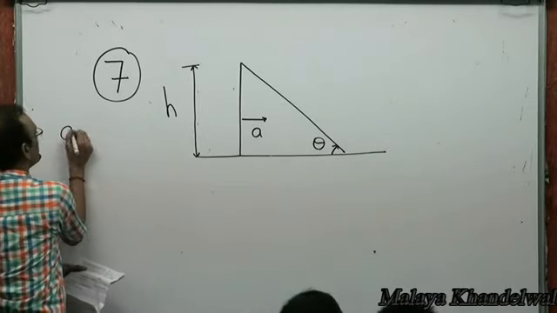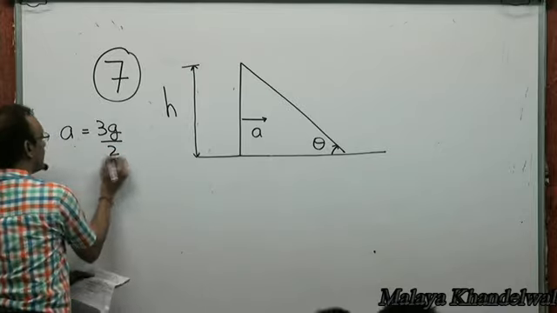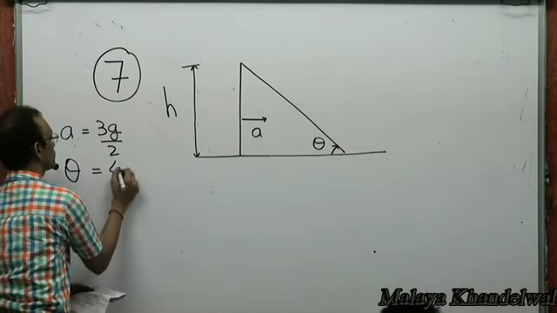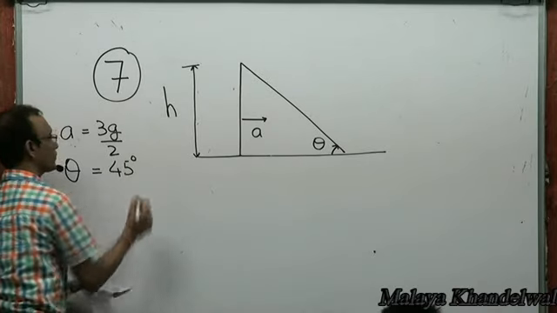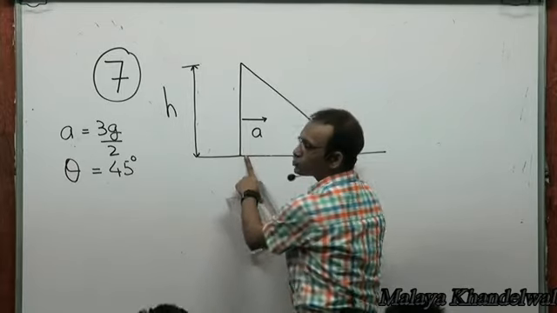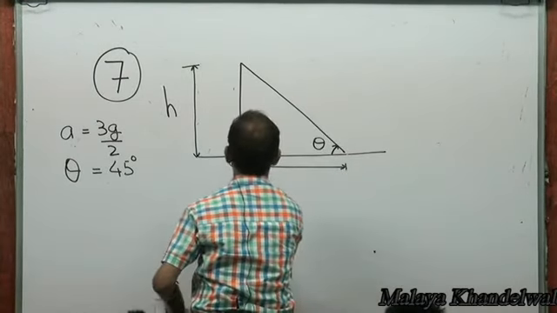It's given that a is 3g by 2 and theta is 45 degrees. That means if this is h, this will also be h, isn't it? Because theta is 45 degrees.